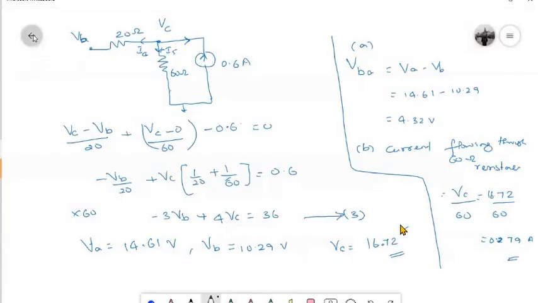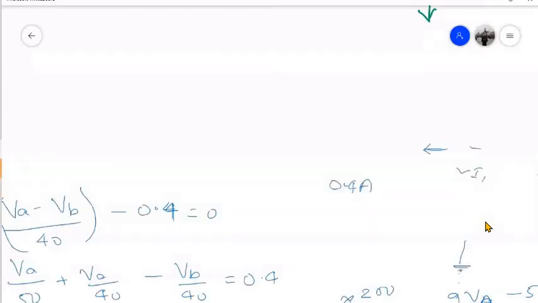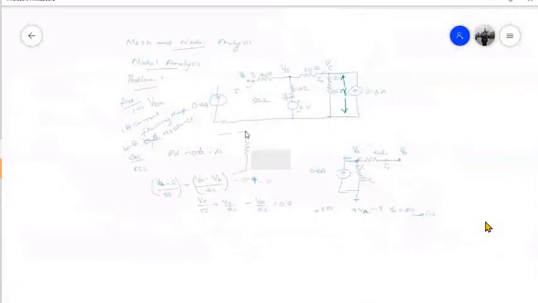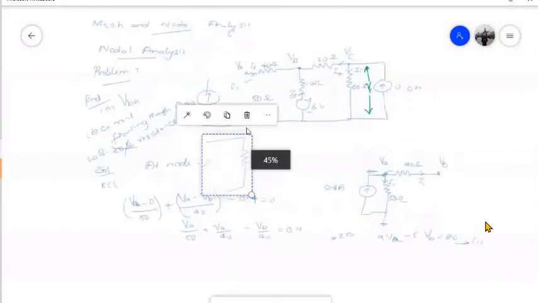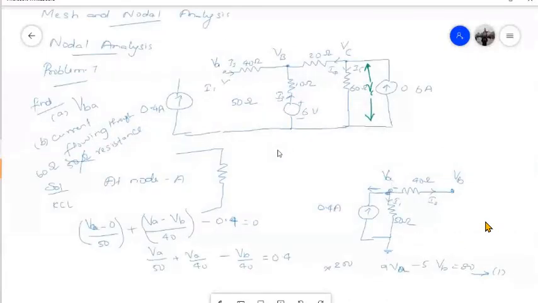See, let me take you back to this circuit. This is your question, right? Now, compared to the other end of this resistance, that is 50 ohm, this particular point is at a potential VA.